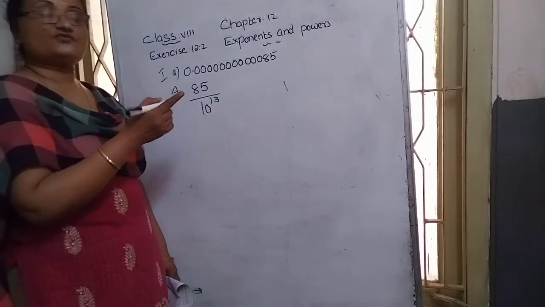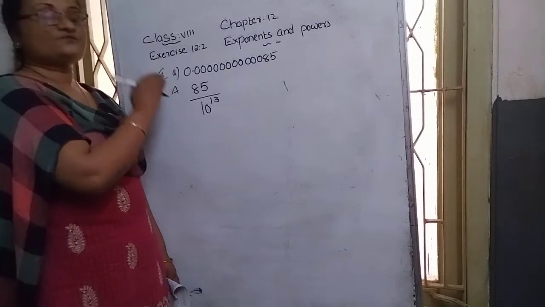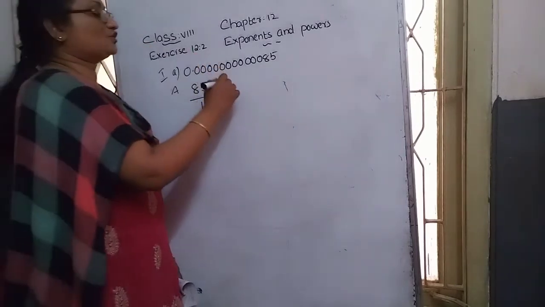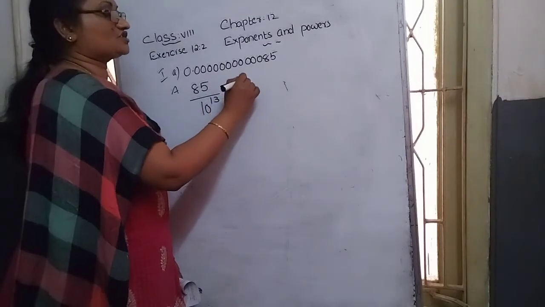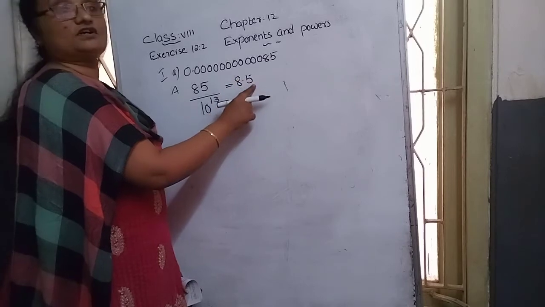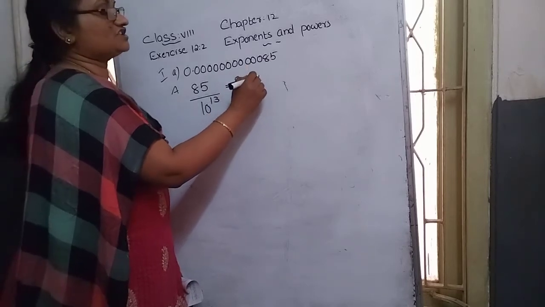Standard form means in the numerator, from left to right, take one digit and put the decimal point. Then check how many digits are after the decimal point in the numerator.